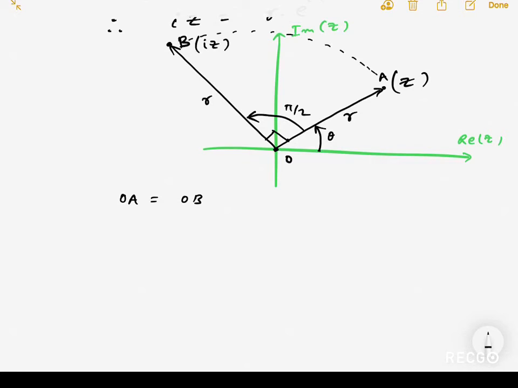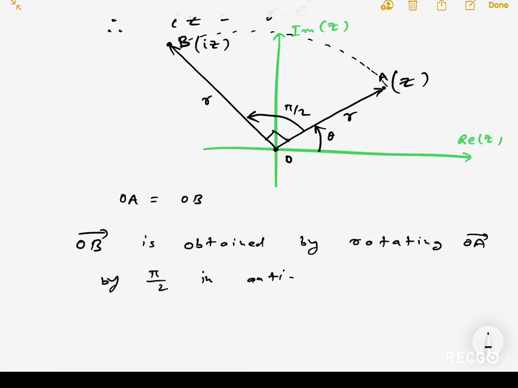Now let us draw this rotation for further clarity. And OB vector is obtained, as I said, by rotating OA vector, and mathematically it is obtained by multiplying the corresponding fx by iota. In this case the fx of OA vector is z, so multiplying z by iota we are getting iota z as the fx of new vector, that is OB vector, right? So whatever I've written in terms of vector, let's write in terms of complex number.